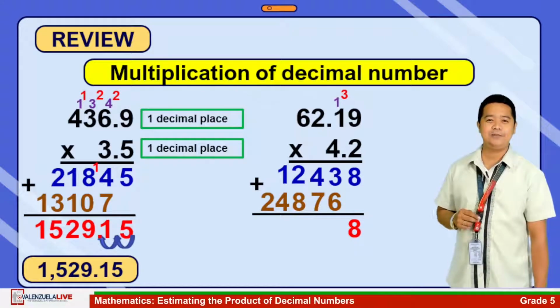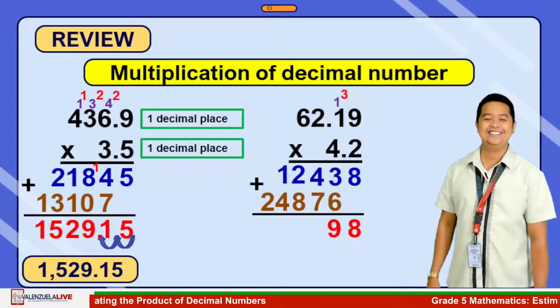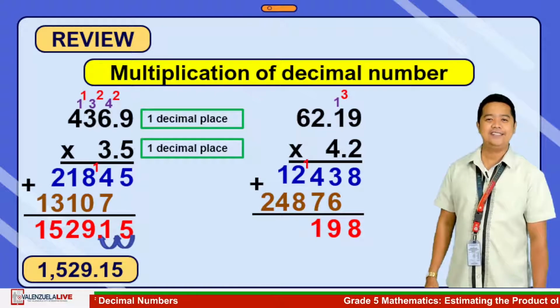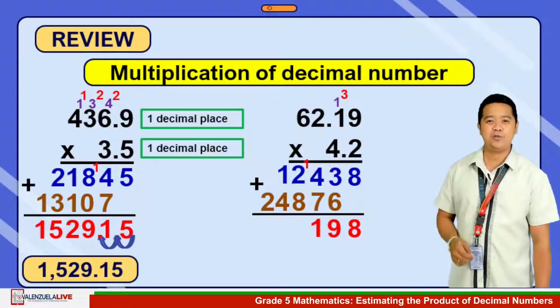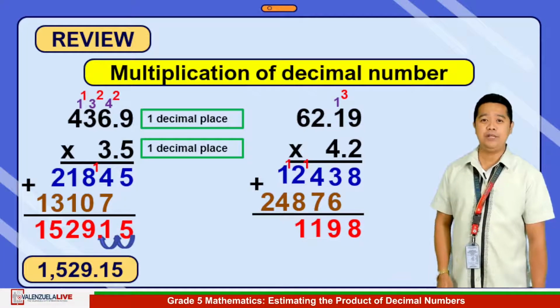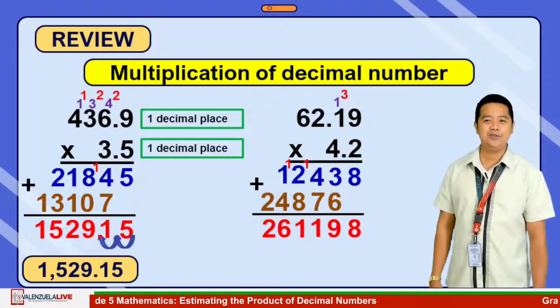And then add. Bring down 8. 3 plus 6 is equal to 9. And 4 plus 7 is equal to 11. 2 plus 8 is equal to 10. Plus 1 is equal to 11. And 1 plus 4 is equal to 5. Plus 1 is equal to 6. Bring down 2.